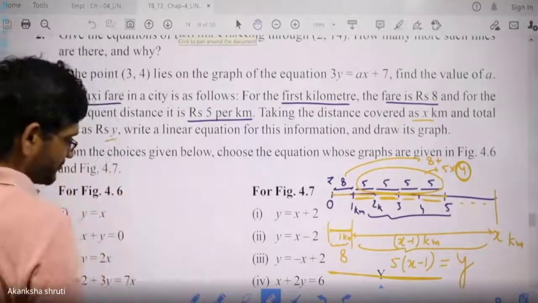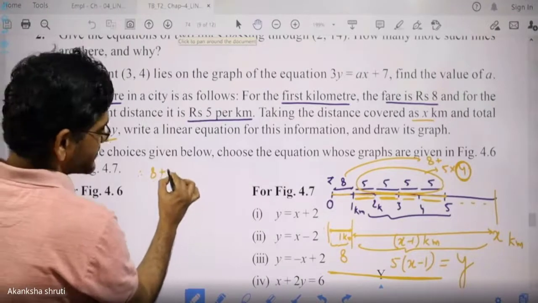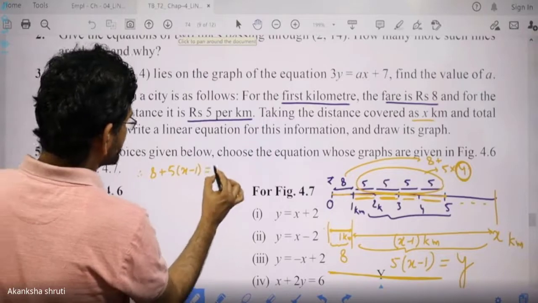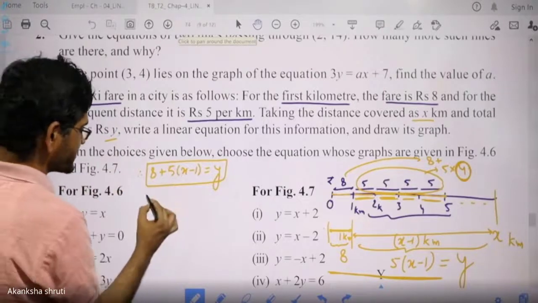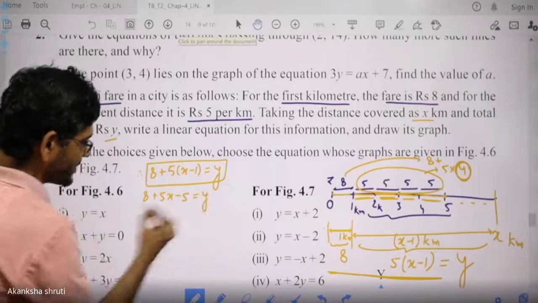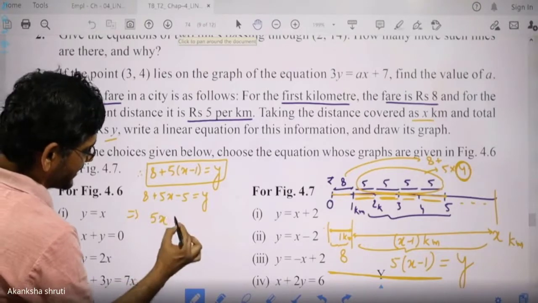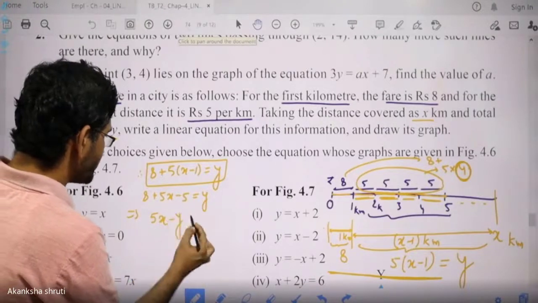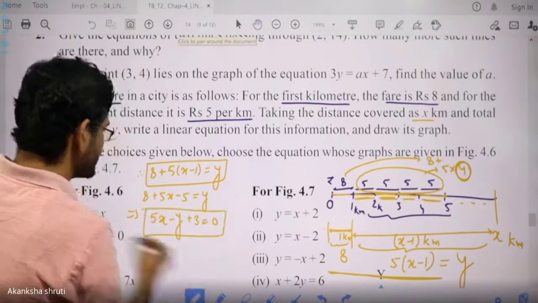Therefore, our equation is 8 plus 5(x minus 1) equals y. This may be written in simplified form. Let us simplify: 8 plus 5x minus 5 equals y. Bring y on the left-hand side. Write the x first: 5x minus y, then 8 minus 5 is plus 3, equals 0. So this is the required equation.